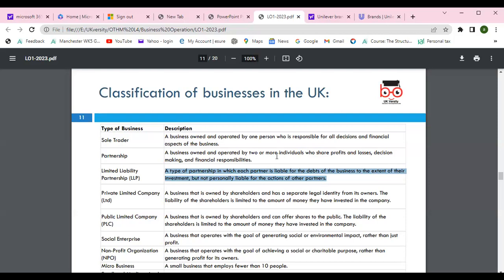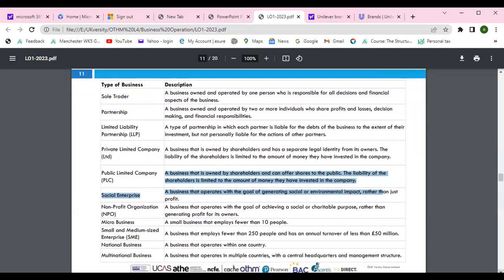Then we have a private limited company, a business that is owned by the shareholders, as a separate legal entity from its owners. As I mentioned earlier, a public limited company is registered in Companies House and on the stock exchange. Social enterprise is for the welfare of society.